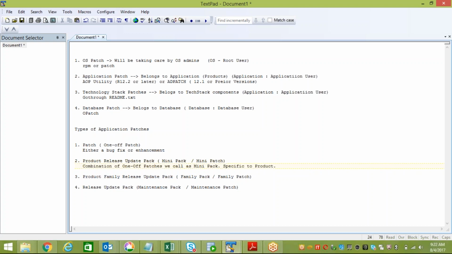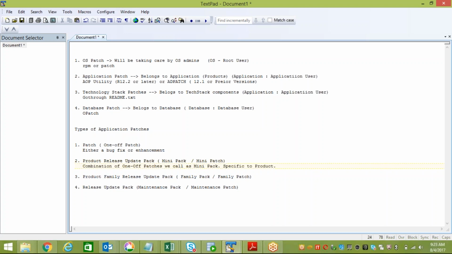See, basically, in the AP product they have released 10 bug fixes and 15 enhancements, a total of 25 patches. They can club these 25 patches together and release them as a mini pack. For example, AP has 10 patches and AR has 20 patches. They shouldn't club AP plus AR and release that as a mini pack.